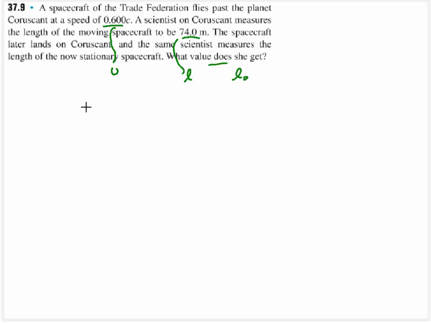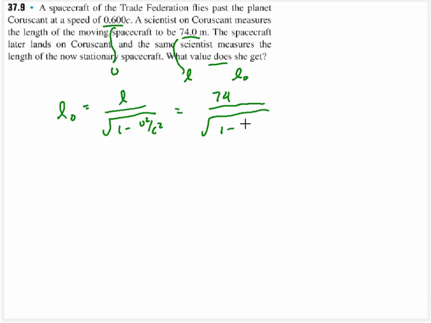And so we can write L naught is equal to L divided by the square root of 1 minus u squared over c squared, and that's going to be 74 divided by the square root of 1 minus 0.6 squared, and it's going to work itself out to be 92.5 meters.